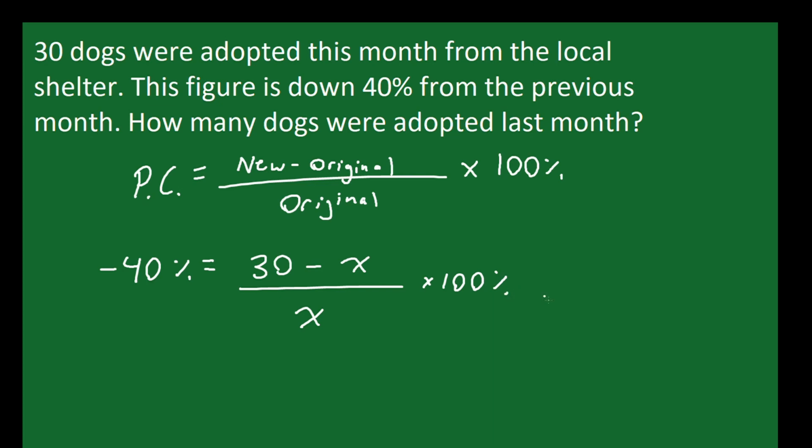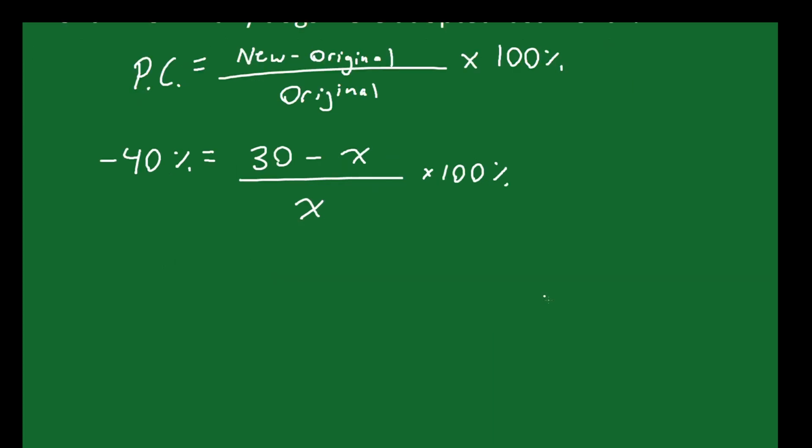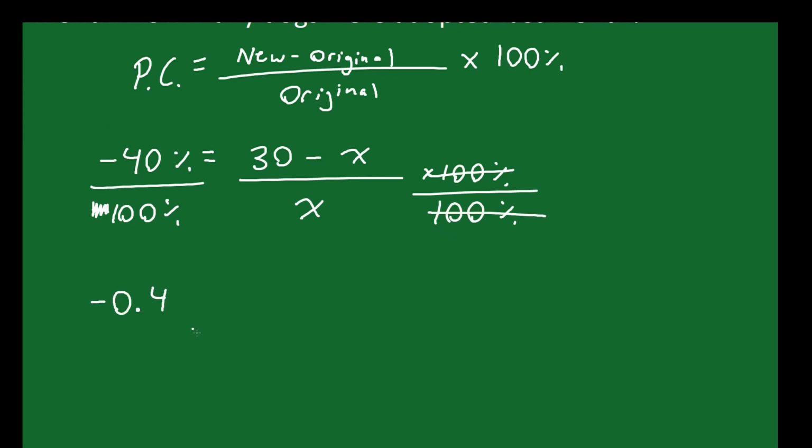So at this point, you want to start solving for x. So I will get rid of this 100% first. I will divide both sides by 100%. These 100% will cancel, and on the left, you'll be left with negative 0.4.